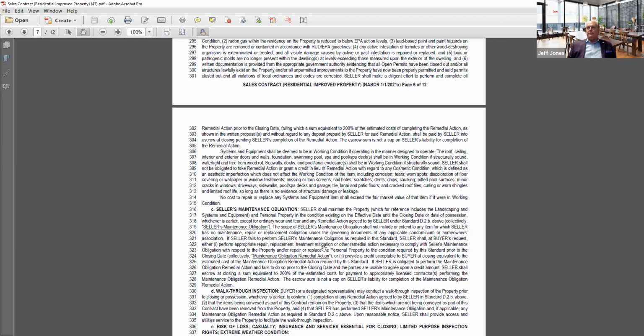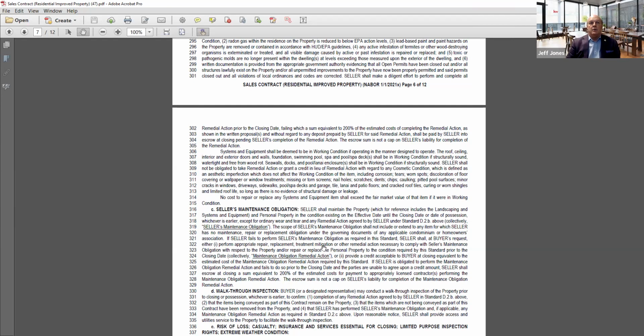A puddle on the floor, a big moisture spot up by a window, things that really are the seller's maintenance obligation that would be noticed by a trained eye might be something good for you to have the inspector there for during the walkthrough.